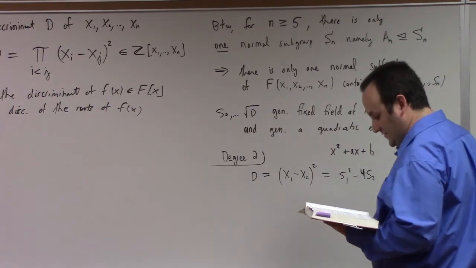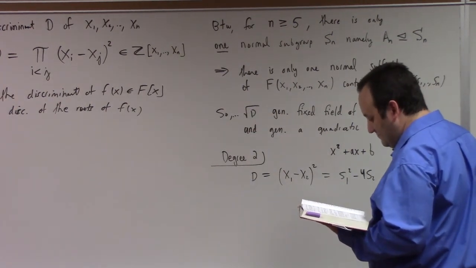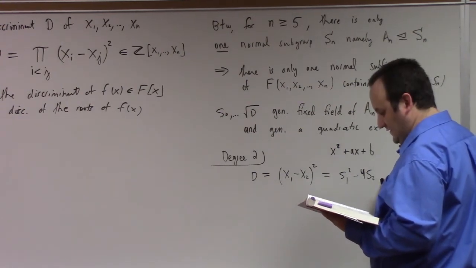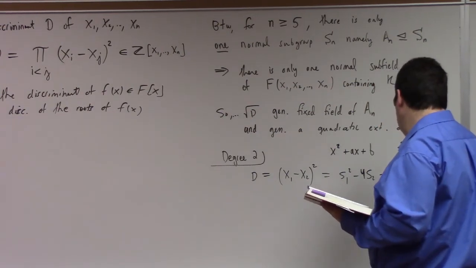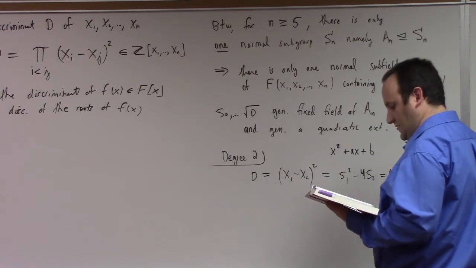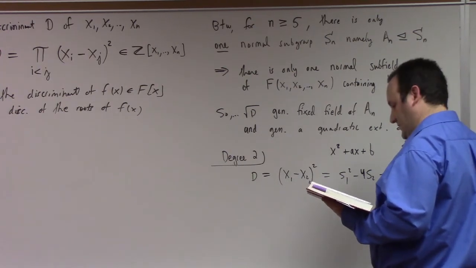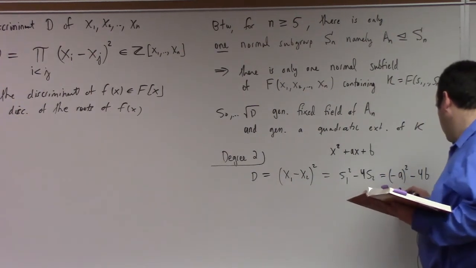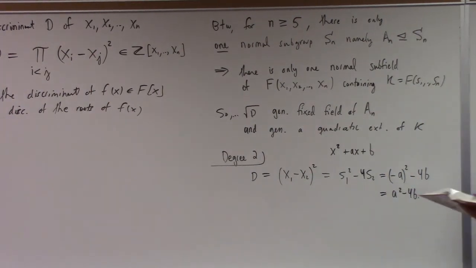Okay, so there's no hope. All right. Now, why is it, he says that this is equal to minus a squared minus 4 times b, which is a squared minus 4b, yeah?